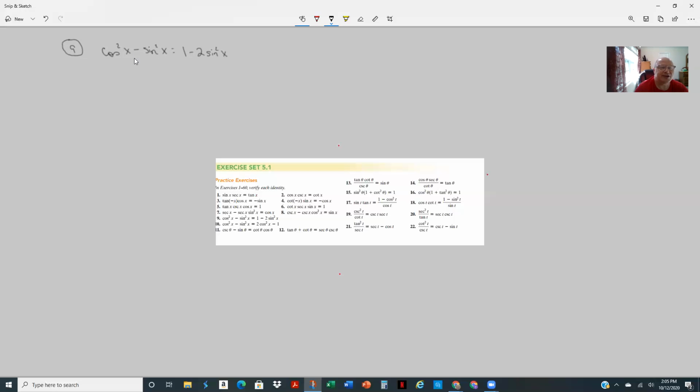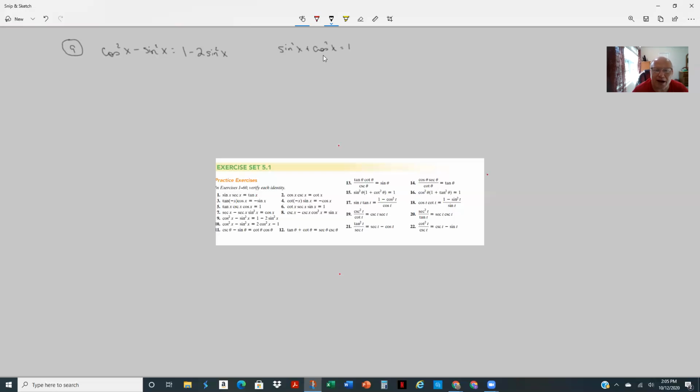Now, remember, we have the fundamental identities that we can use. One of those identities, since I see a lot of sine squared and cosine squared, is that sine squared of x plus cosine squared of x equals 1. This is one of my fundamental identities.